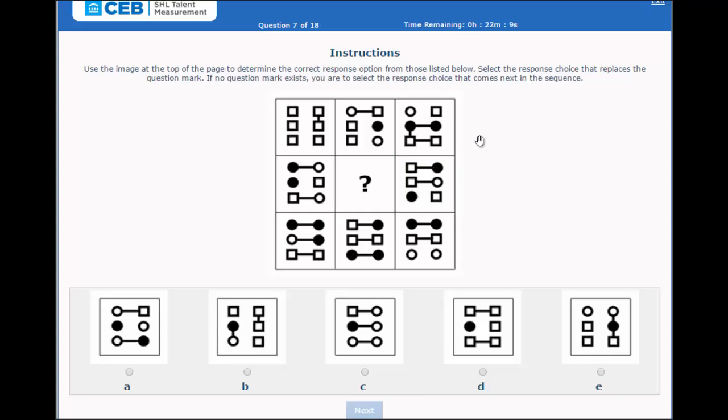Now, if we move on to the sequence of the third row, from the first square frame we see three black circles with three horizontal lines. The same holds true for the next frame in the sequence, three black circles, three horizontal lines. And onto the third frame we see two black circles and two horizontal lines.